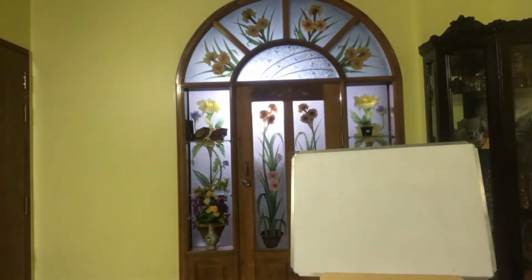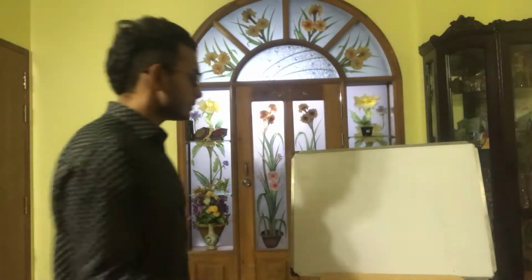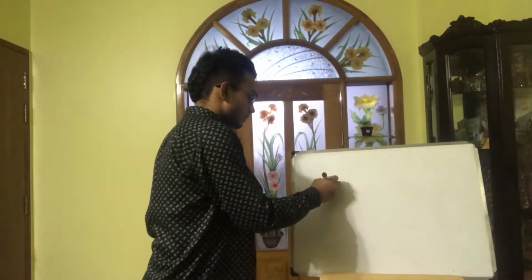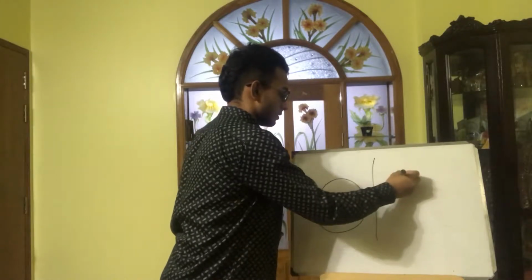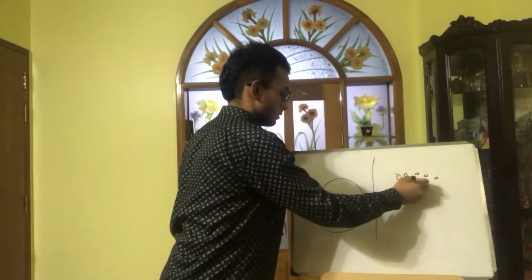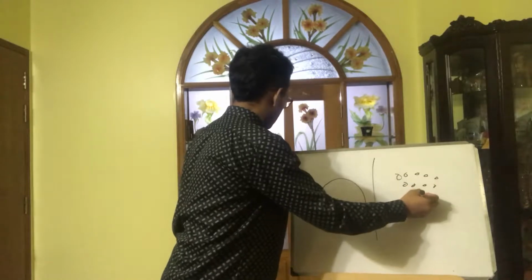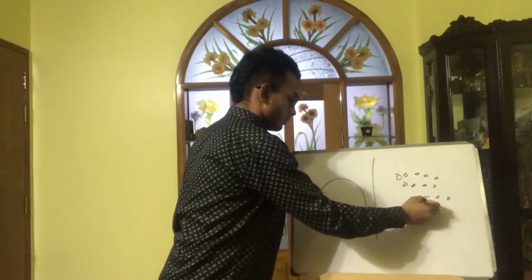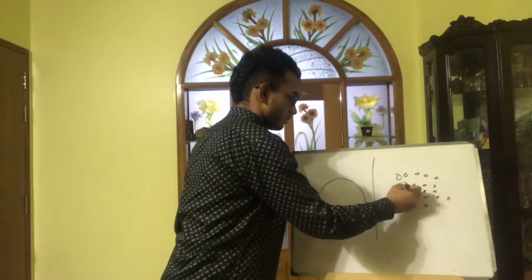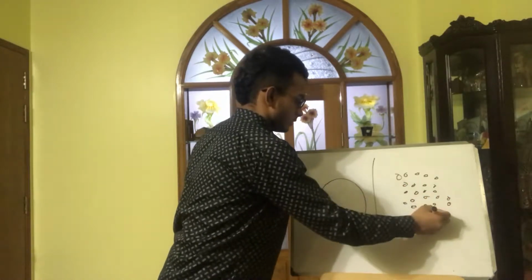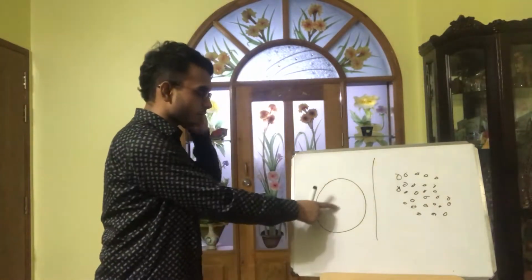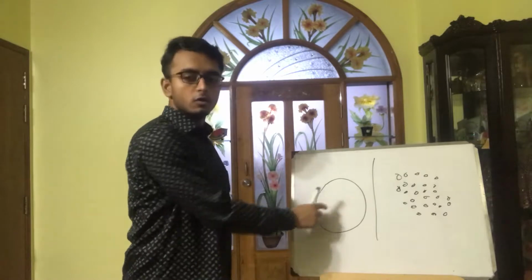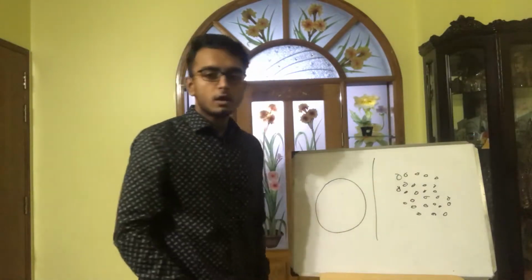Let me make you understand why increasing surface area helps digest more. Say this and this. Here, the surface area to volume ratio is really low, and here the surface area to volume ratio is high.